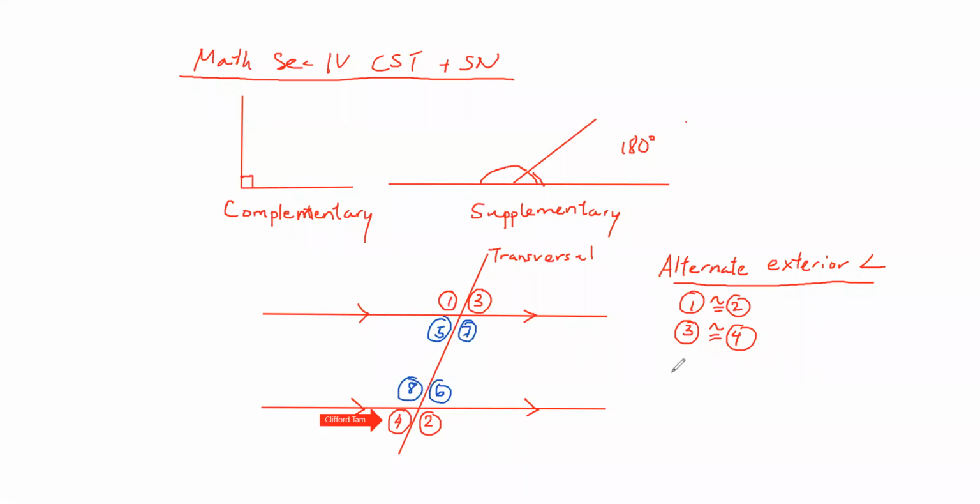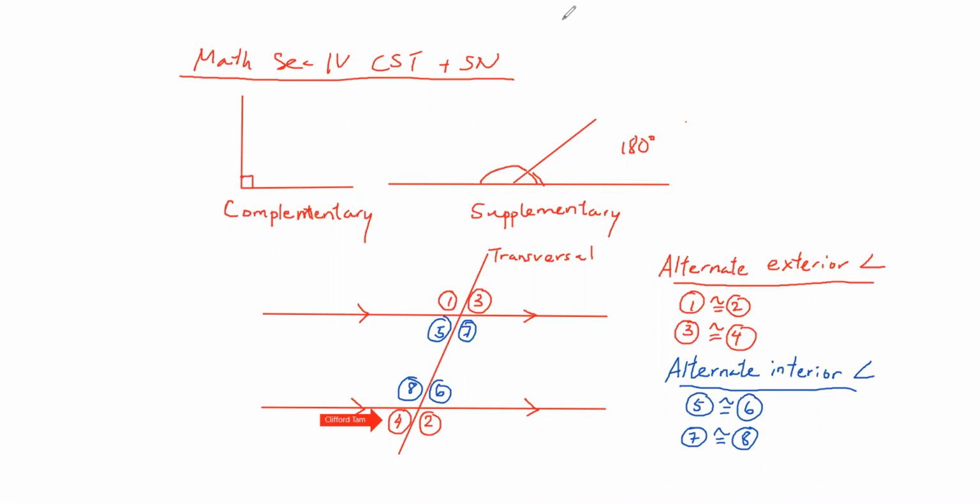So I have my alternate interior angles because they are all inside the train tracks. And these are found to be angle 5 being congruent to angle 6, much like angle 7 is congruent to angle 8.